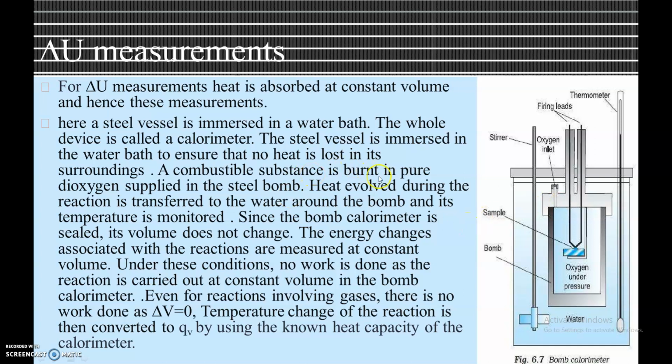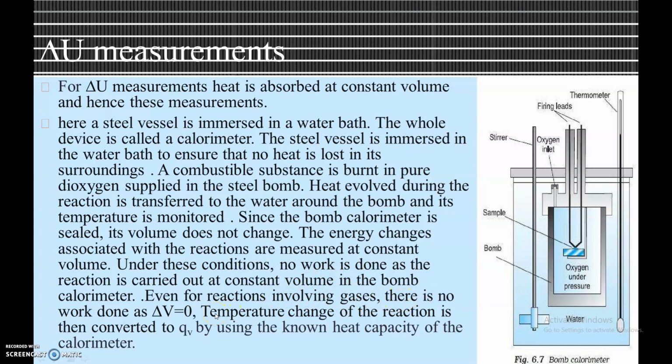A combustible substance is burnt in pure dioxygen supplied in the steel bomb. You can see the bomb here. Since the bomb calorimeter is sealed, its volume does not change. So the energy changes associated with the reaction are measured at constant volume. Under this condition, no work is done, as the reaction is carried out at constant volume in the bomb calorimeter.